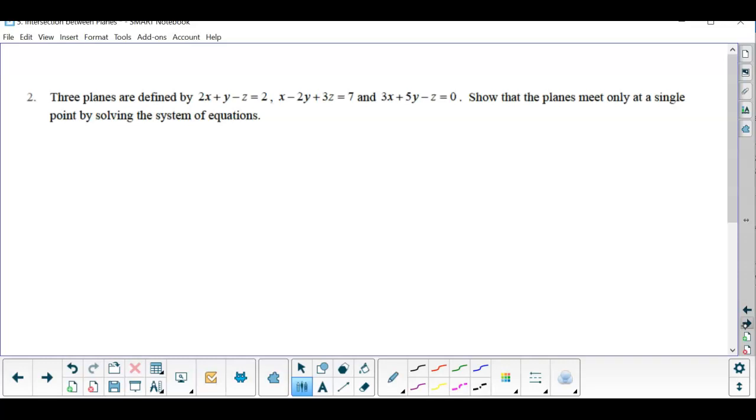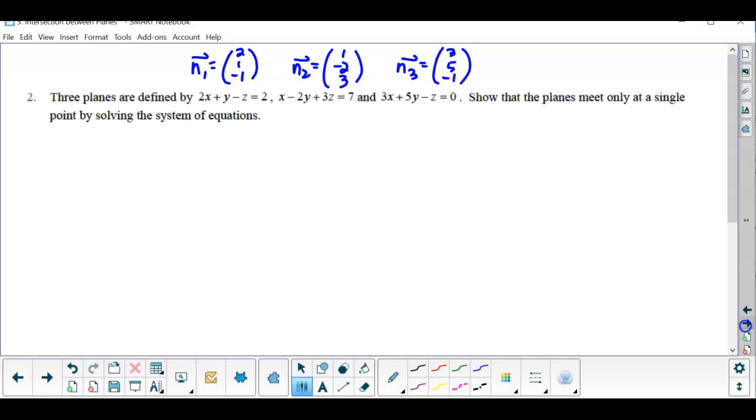If you take a look, they're 2, 1, negative 1; 1, negative 2, 3; 3, 5, negative 1. They're not parallel to each other. Again, it doesn't mean that they intersect in a point, but that's one of the possibilities.